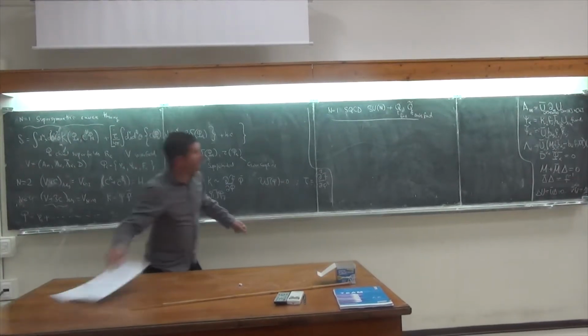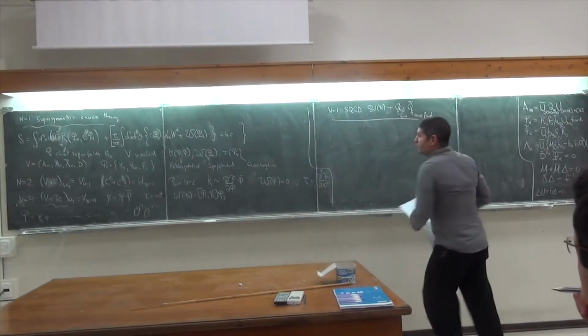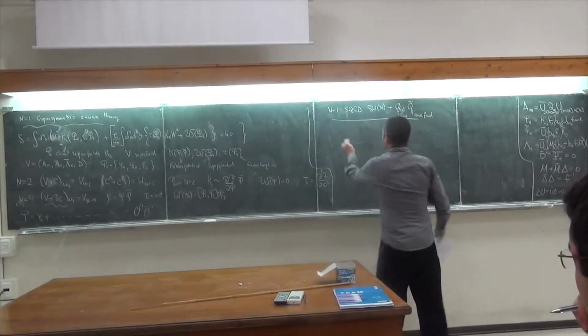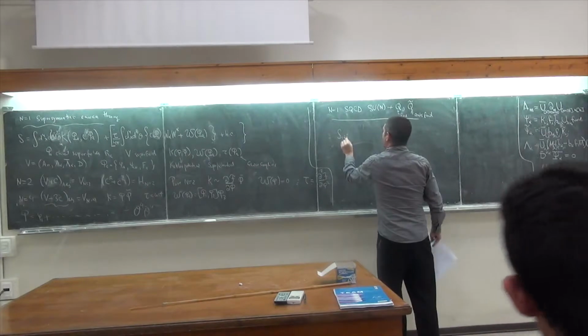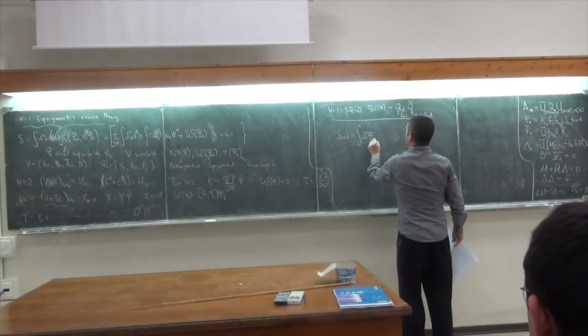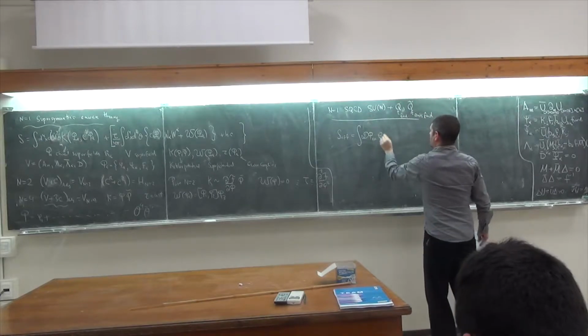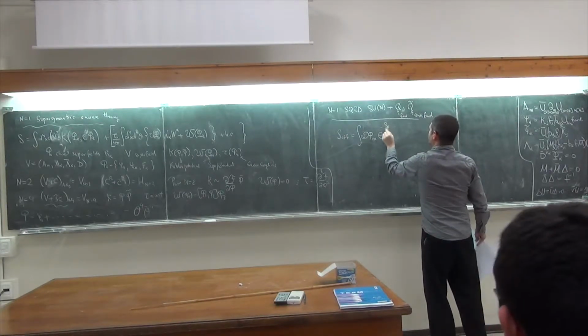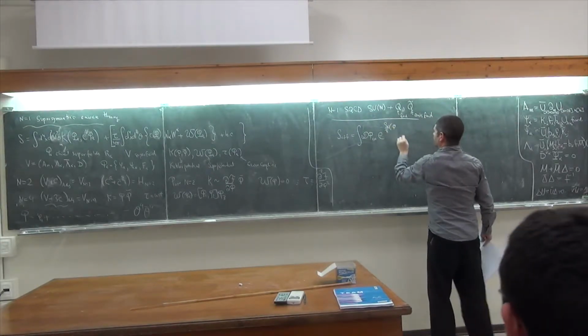Then we evaluate the action. We want to repeat this effective computation. Take the integral over all the fields of Yang-Mills of e to the action of Yang-Mills. This was the starting point.